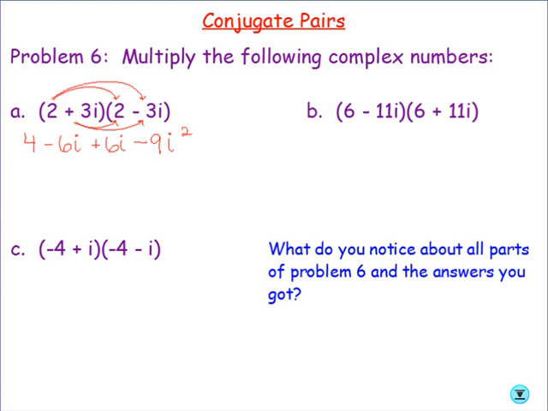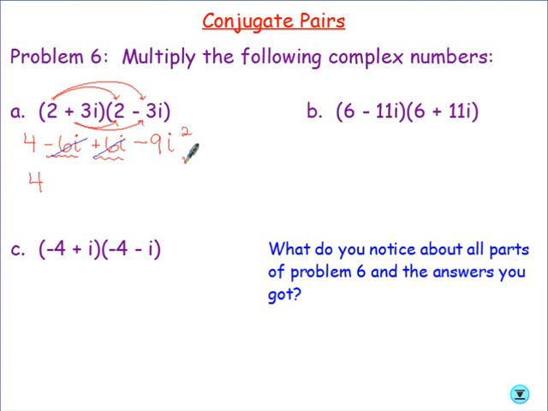Okay, so moving on. Keep the 4. What happens when you do negative 6i and positive 6i? What's a negative 6 plus 6? Well, it's 0. If it's 0, what that means is those two really cancel. Don't write 0i. Cross them off.